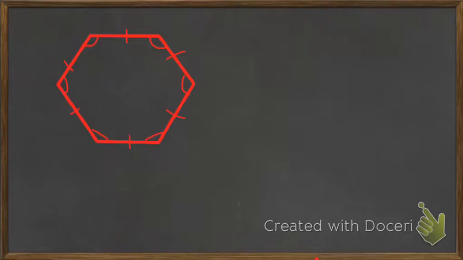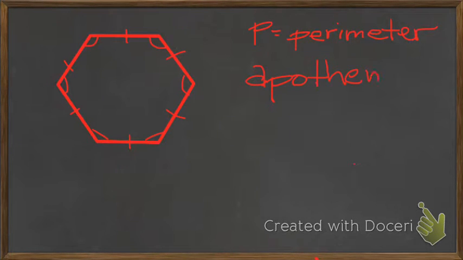Before we can talk about how to find the area of that, we need to define some terms. We're going to let capital P stand for perimeter. As you might guess, that would just be the distance around the polygon. Then we have little a, which stands for the word apothem, kind of a funny little word.